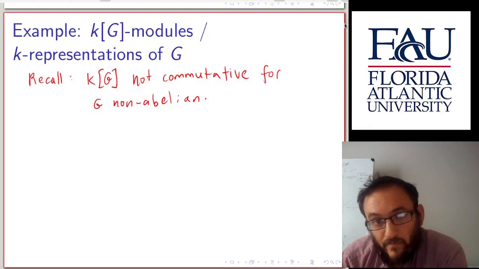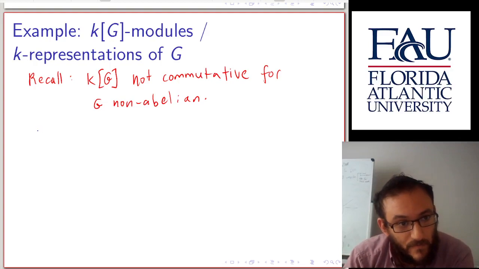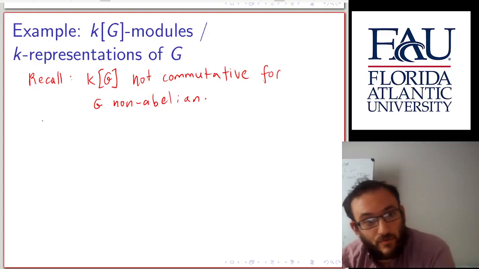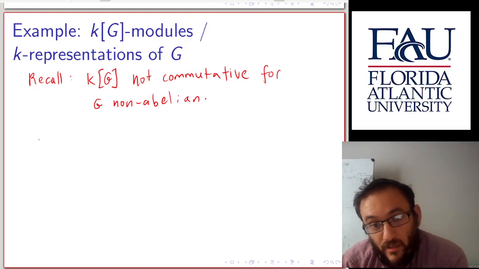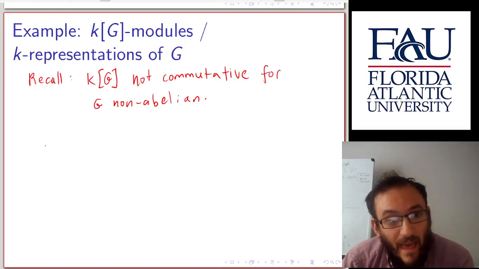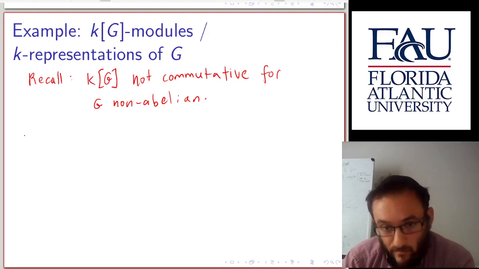But still using this as a good motivation for talking about modules, these kG modules, we can think about how an element in the group algebra, in the group ring, acts on an element of the module.